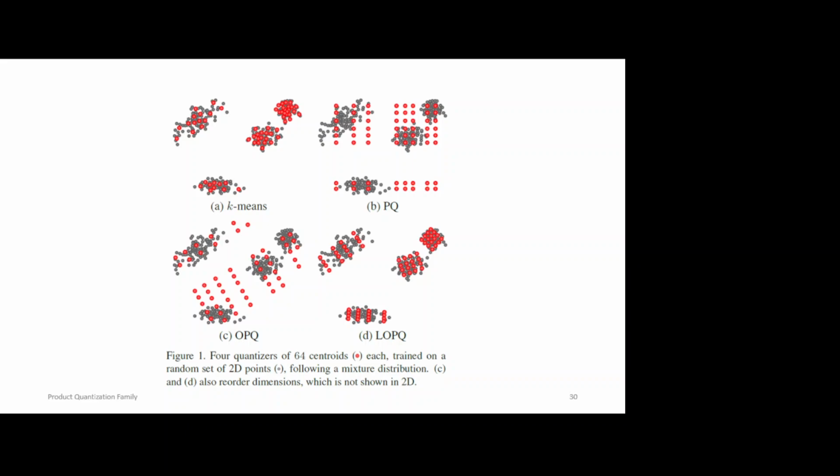So in total the LOPQ also contains 64 centroids, but each centroid can perfectly capture the data distribution.